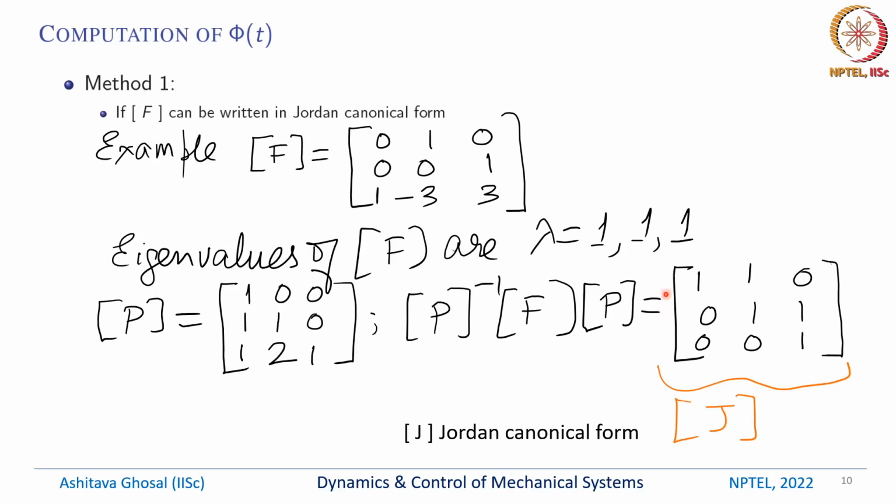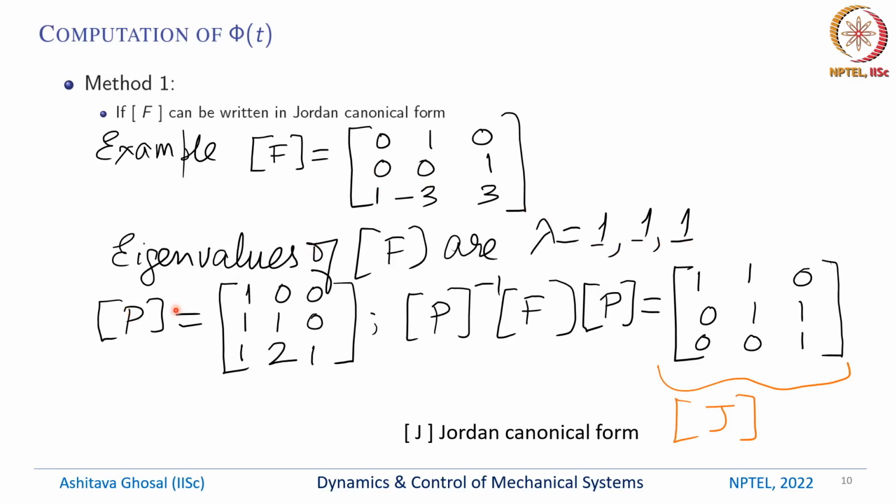So let's see an example. So if F can be written in Jordan canonical form, so for example, this F has elements 0, 1, 0, 0, 0, 1, 1, minus 3, 3. This is picked up from somewhere, arbitrary numbers. So the eigenvalues of this matrix are all equal, which is 1, 1, and 1.